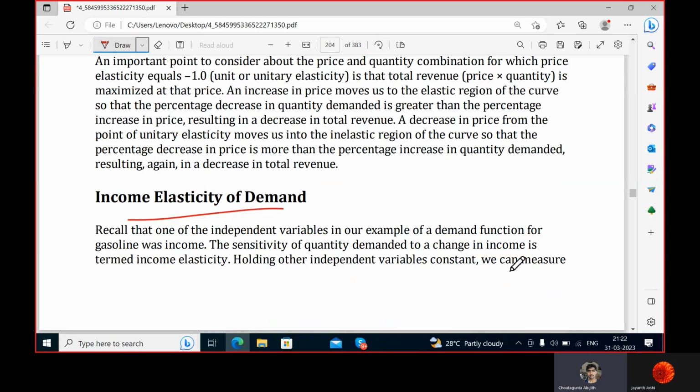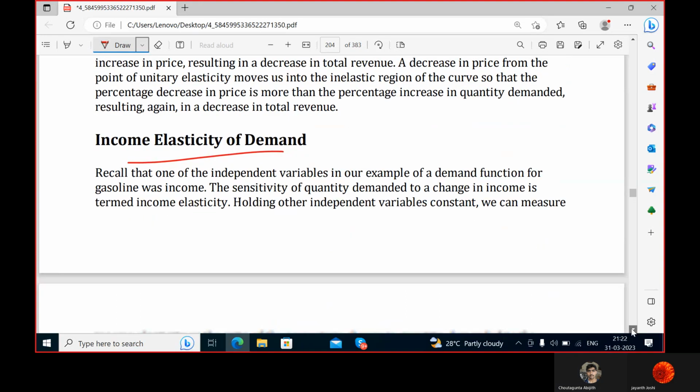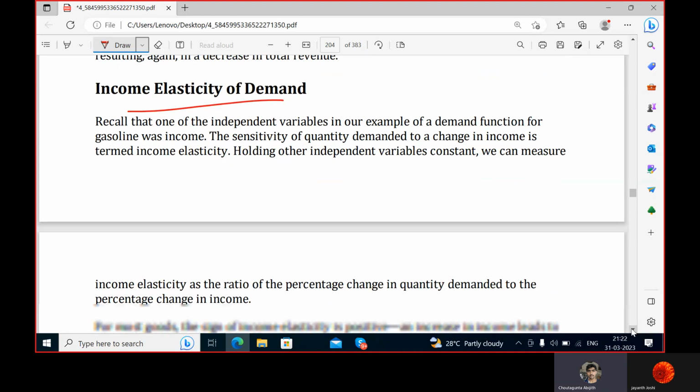Increase. Yes. Increase. When the income increases, it's a normal thing. So goods for which this is the case are termed normal goods.